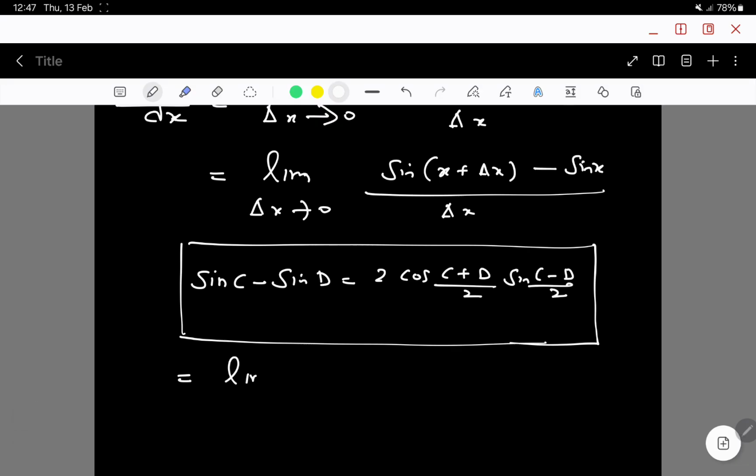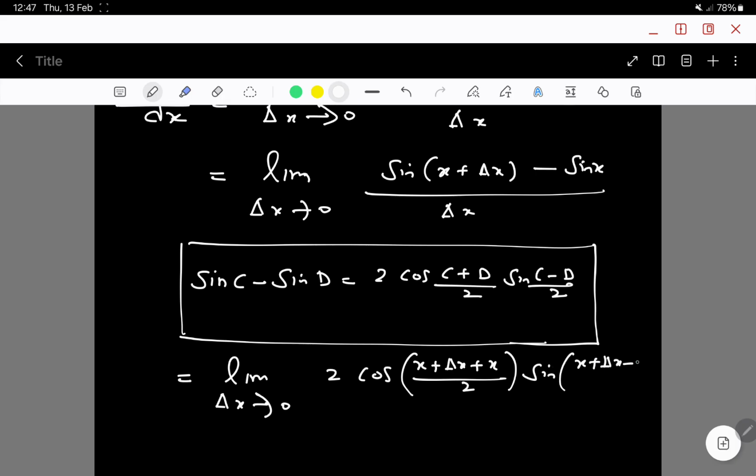Simplify, then apply the limit. So limit delta x tends to 0, 2 cos of (x plus delta x plus x) divided by 2, sin of (x plus delta x minus x) divided by 2, divided by delta x in the bottom.